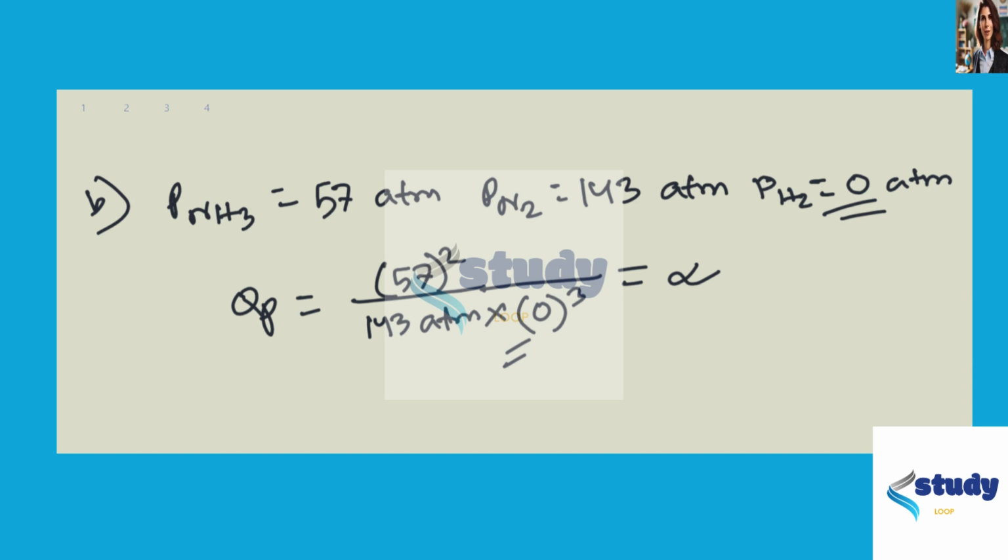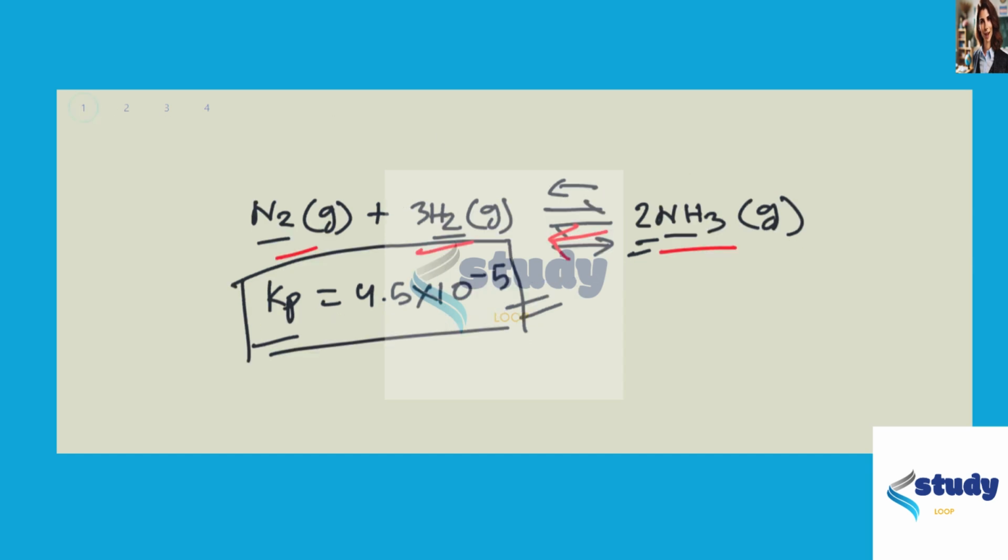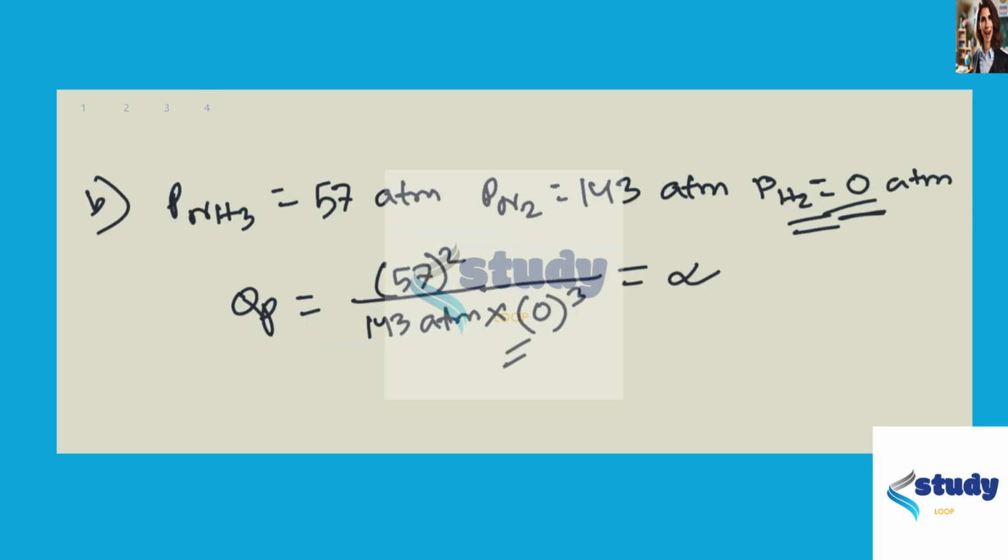That's because there is no hydrogen in the mixture, so the rate of the backward reaction is 0. No reverse reaction is going on since there is no hydrogen present.